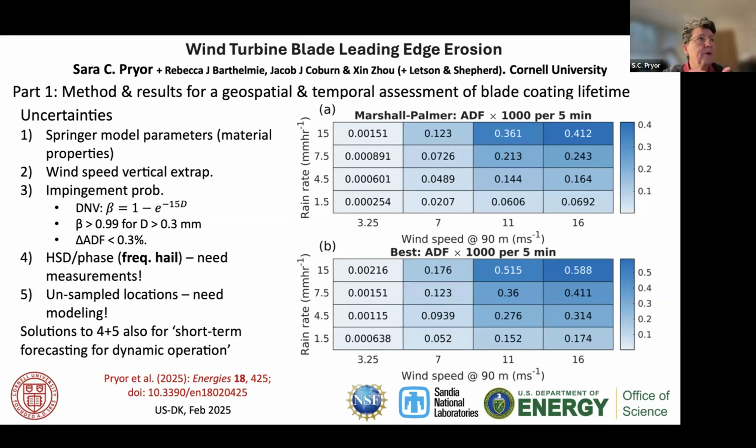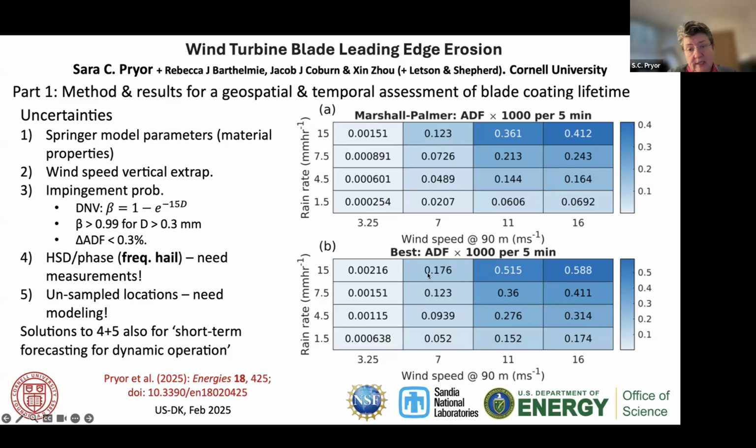The first is we're applying an empirical size distribution to our hydrometeors. If we use Marshall-Palmer and select, for example, a rainfall rate of 15 millimeters per hour and a wind speed of 7, we get an accumulated distance to failure of 0.123 times 10 to the minus 3 in a 5-minute period.